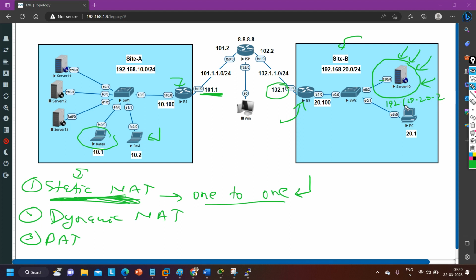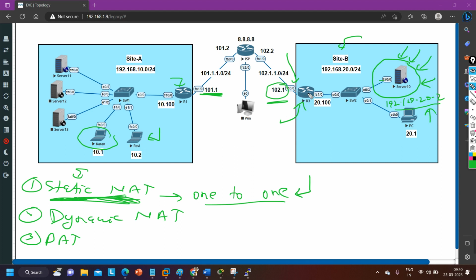So this private IP address will be translated into this public IP address. So whenever this router receives any traffic on this interface, where destination will be 102.1.1.1, it will automatically translate into this private IP address, because here you have mapped one public IP address into one private IP address. So this is one to one mapping.